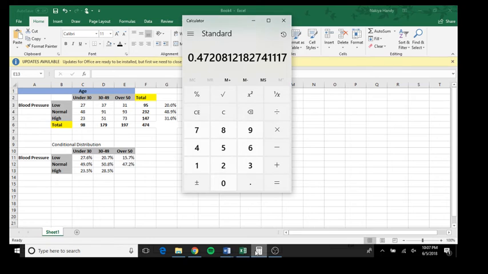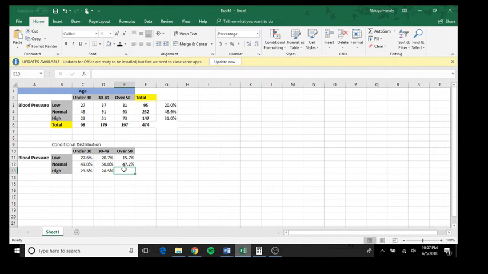And the last one, we are going to do 73 divided by 197, and we are going to round that to 37.1%. So this is the conditional distribution.